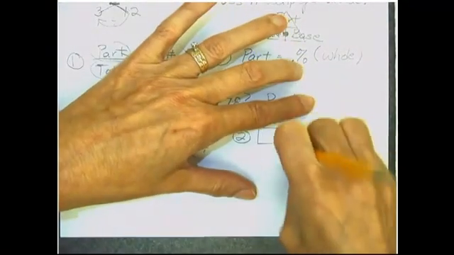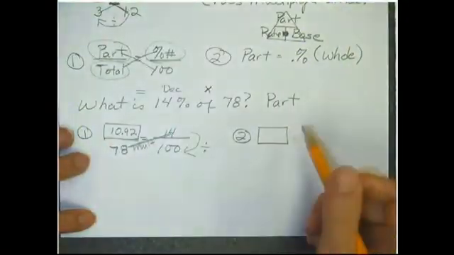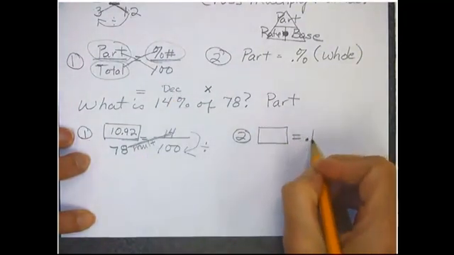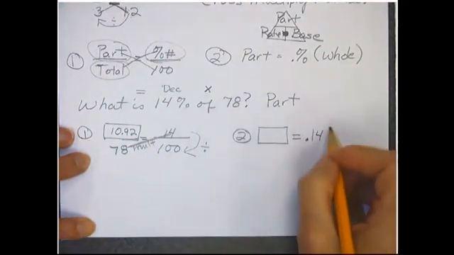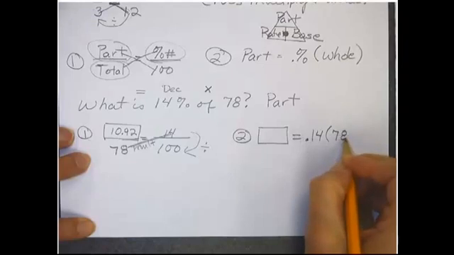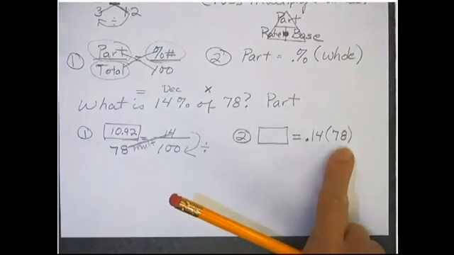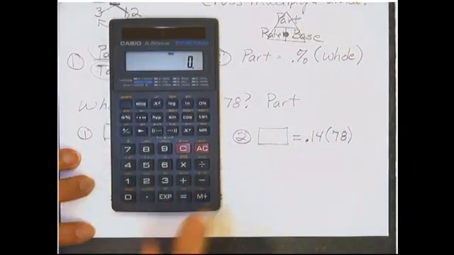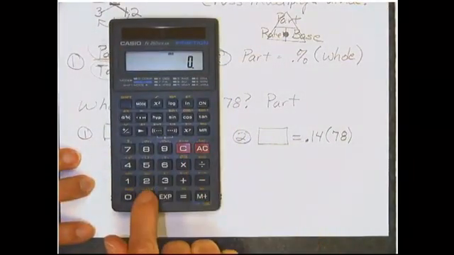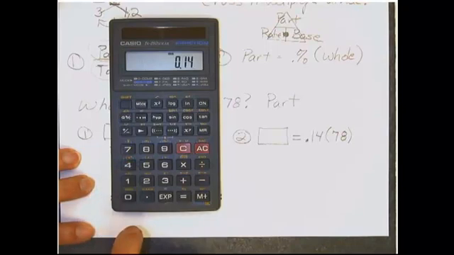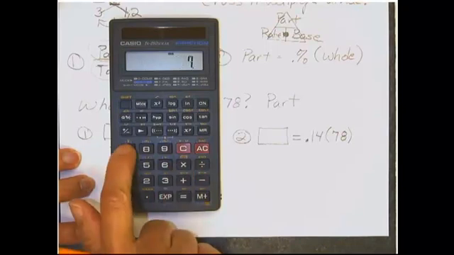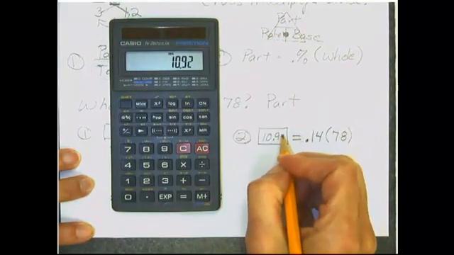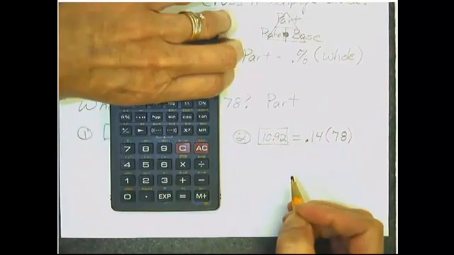I'm sorry, I meant to not write is, but to write equal. 14% written as a decimal is 0.14 times 78. I'm going to multiply using parentheses to communicate multiplication. So again, back to my calculator. Again, I need to clear this, and we're going to say 0.14, or 14 hundredths, times 78 is equal to, voila, we got our answer there all in one step, 10 and 92 hundredths.